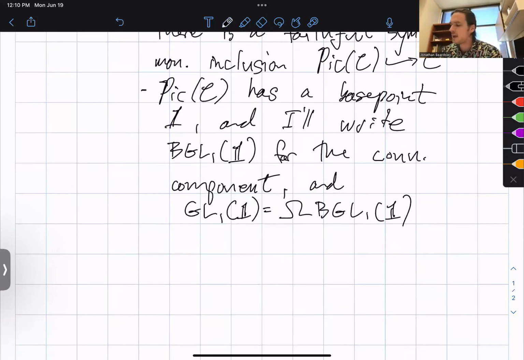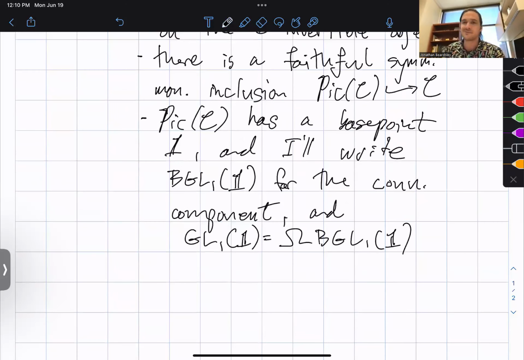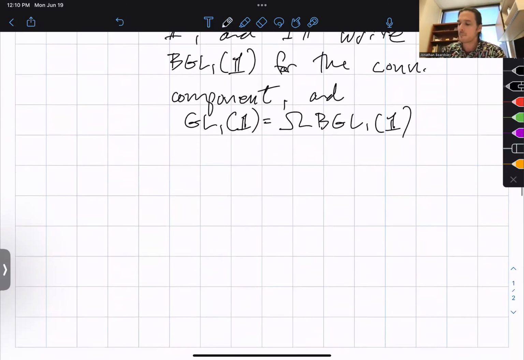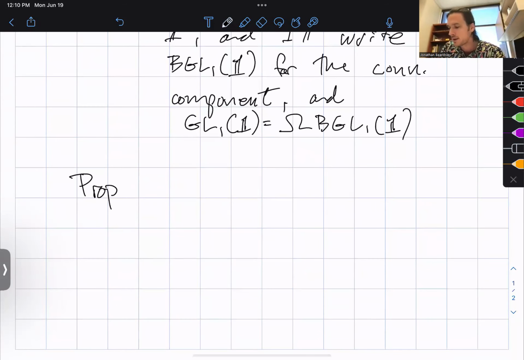A comment about that: I've essentially defined things in this leading way, but of course it's true. Most of this stuff is in one of two papers, either the 5-author paper, ABGHR, Ando-Blumberg-Gepner-Hopkins-Rezk, in the infinity categorical setting.